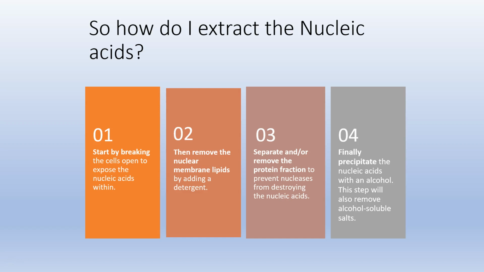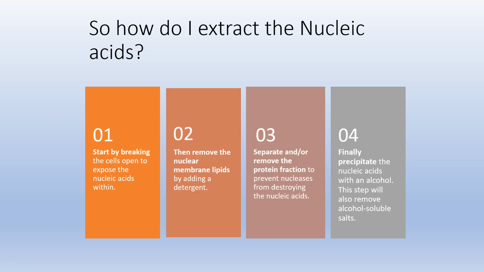The reason for that is that, obviously, the protein is going to contaminate your DNA, but it also contains enzymes that can chew up the DNA called nucleases. And so by removing the protein fraction, either by just separating it and removing it or by denaturing it or destroying it some other way, you are protecting the DNA that you're extracting so that it does not get chewed up by the nucleases and get destroyed.